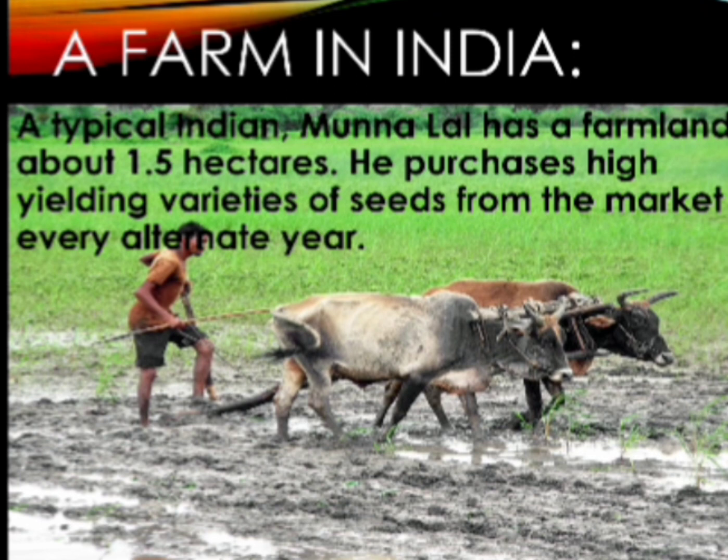He purchases high yielding variety seeds from the market every alternate year. His land is fertile and he grows at least two crops in a year, either wheat or rice or pulses.